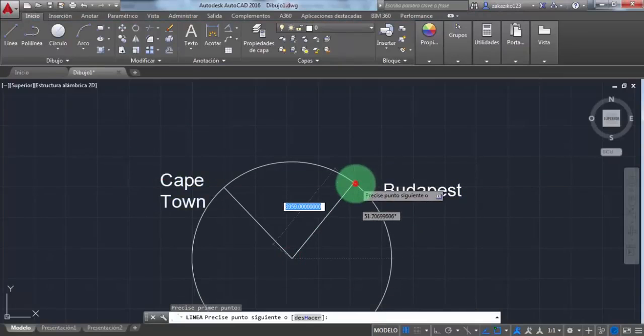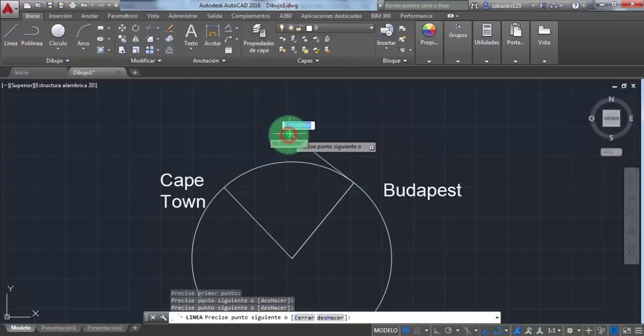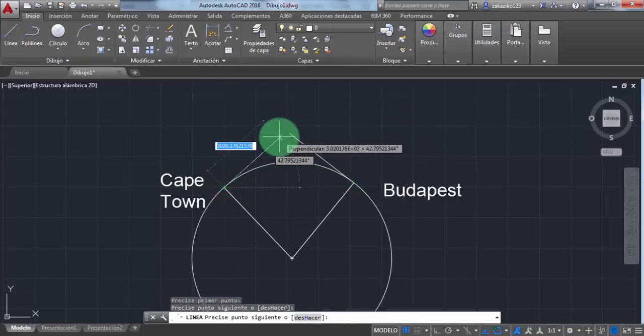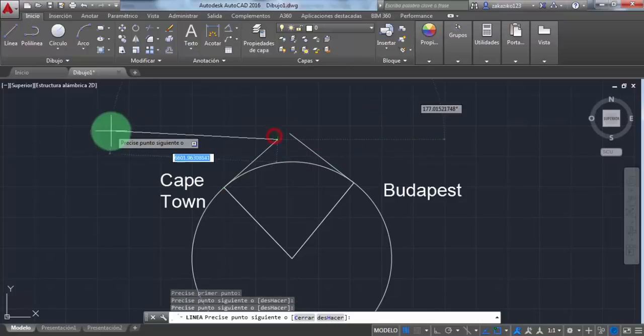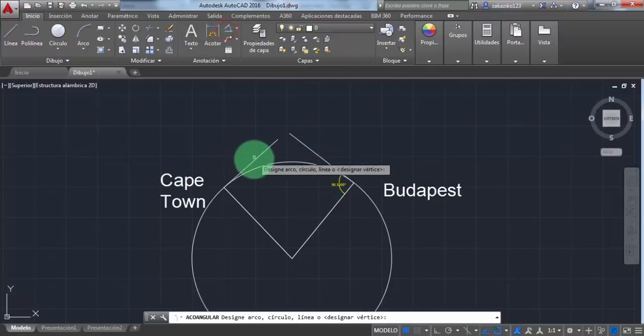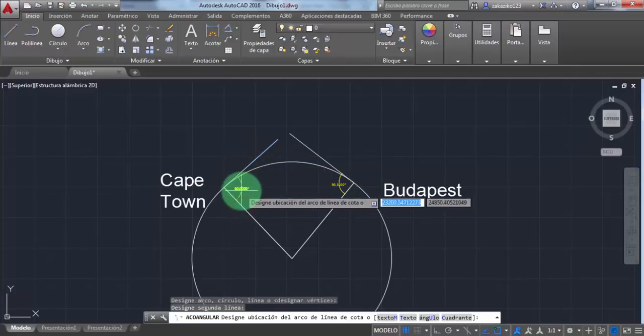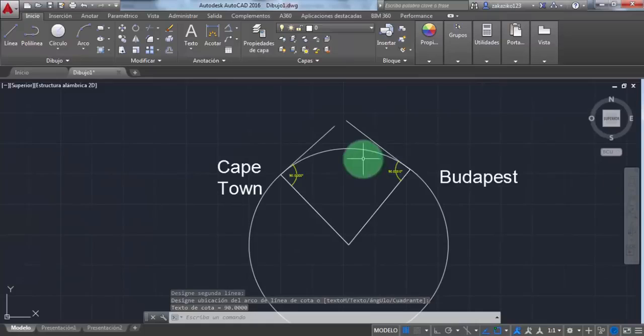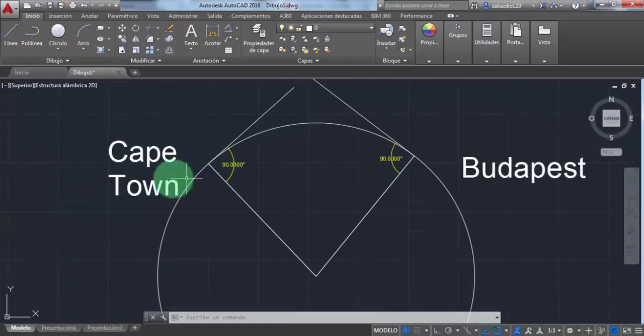Now I'm going to draw the tangent lines. Okay, there you go. 90 degrees, confirmed.